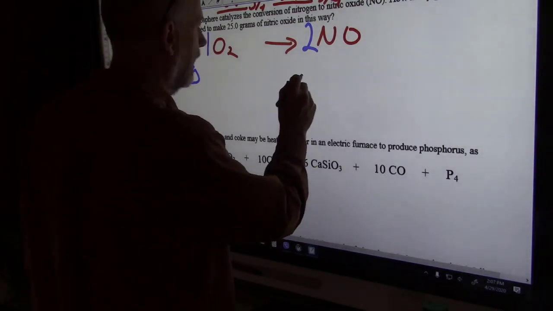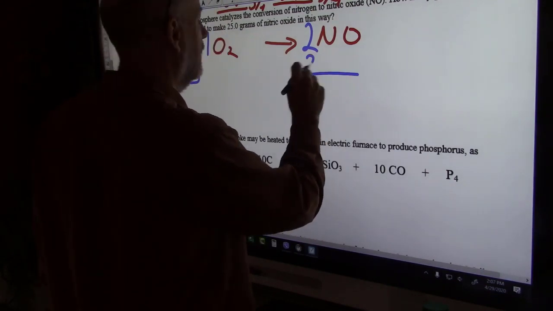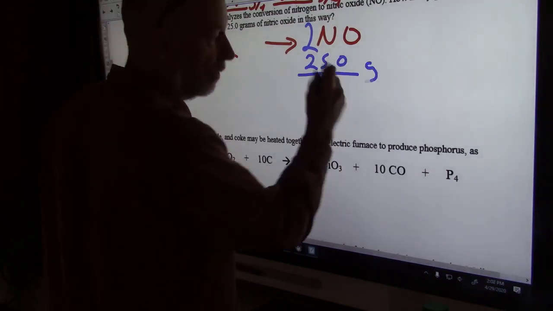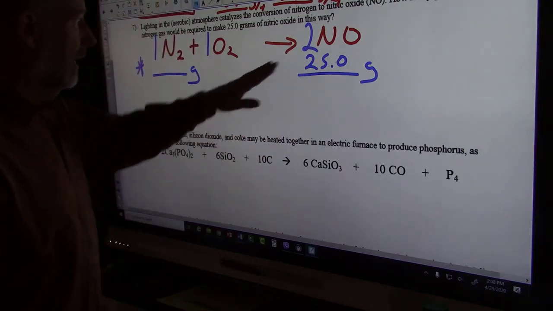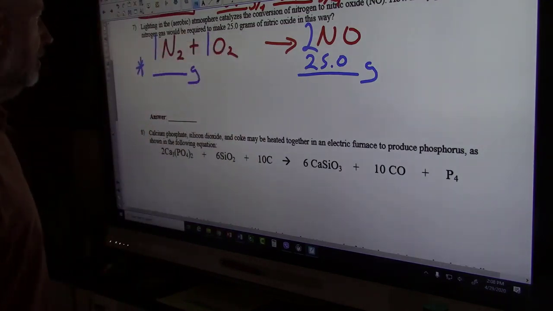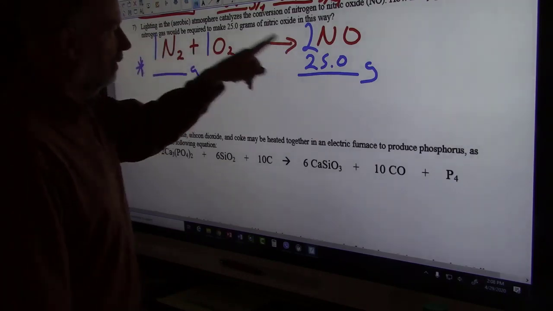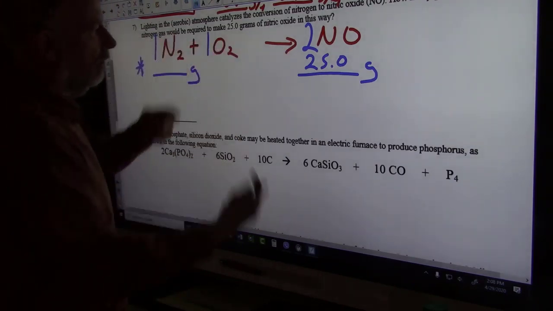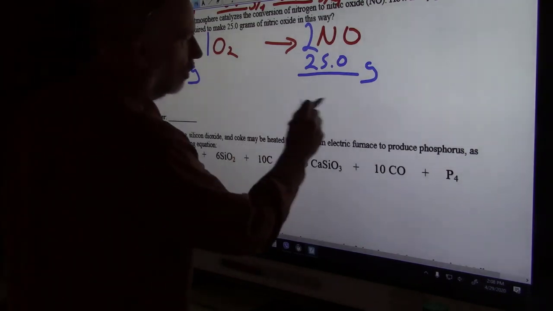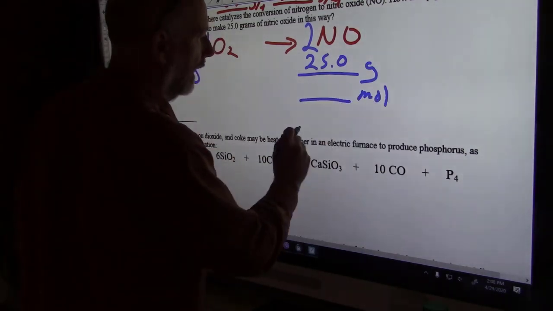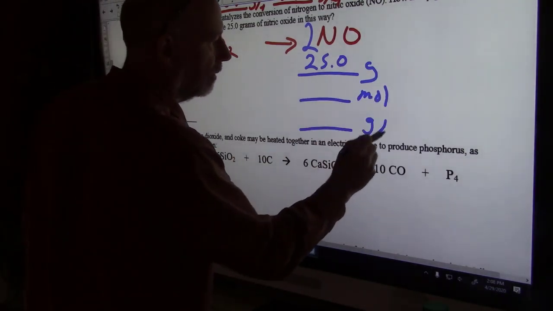So for some reason, I want to make 25.0 grams, 3 sig figs, of nitric oxide. How many grams of nitrogen is required? Well, let's see, it's a 1 to 2 or a 2 to 1 ratio depending on which direction you're thinking. So we have to figure out the moles here. And we need the molar mass, grams per mole.